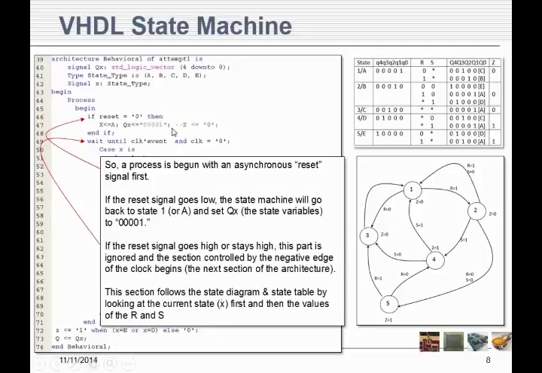But if reset equals 0, so I was using an asynchronous active low reset, then I would say that my state is A, and that my state variables would be 0, 0, 0, 0, 1, for Q. The output flip-flops would say that. So my least significant flip-flop would be a 1, and the rest of them would be zeros. Now I know that puts me with Z as being a 0.